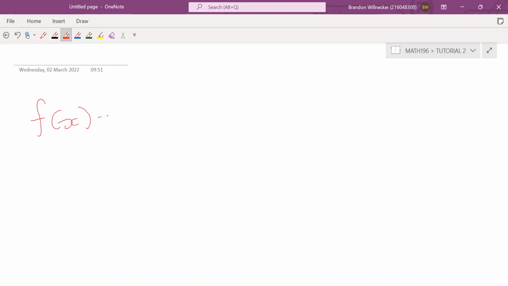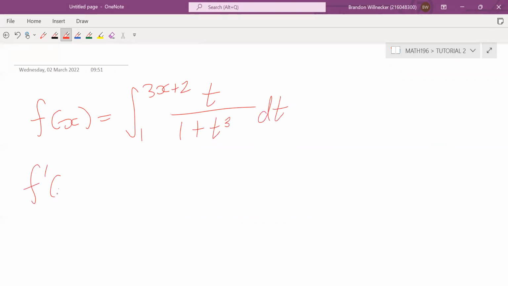We have f of x is equal to the integral from 1 to 3x plus 2, I'm just using this as an example, of 1 over 1 plus t cubed dt, and you want to find f prime of x. I think you're using this method, but let me know if it's different.